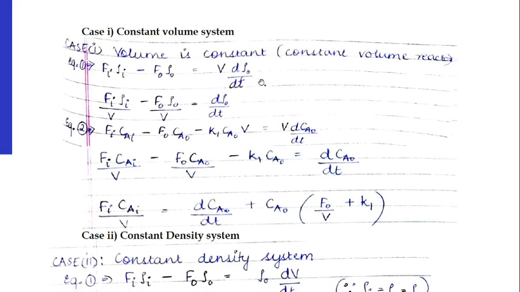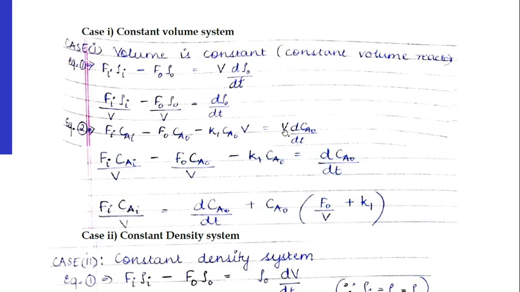Simplifying it further for the case of component A, I have taken C_A0 in both cases here, as I told you in the previous explanation, that the exit and the container will have the same concentration, C_A0 and C_A0.